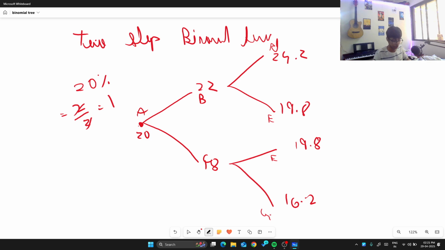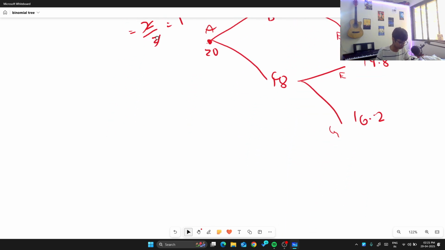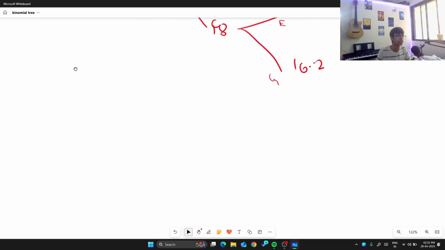Let's start with the same example. There is a 10%, sorry, not 20%, it is 10%. So our risk-free rate, let me write it here small, and we will try to solve it here.